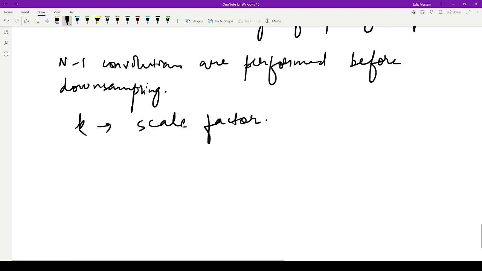So what do we know till now? That we applied that scale factor n minus 1 times to reduce it by a factor of 2.